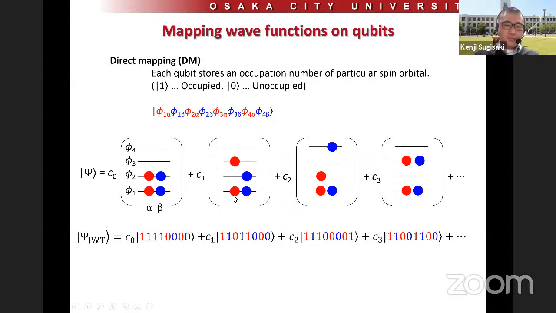So this Slater determinant can be represented as the 11011000 state, and this one corresponds to the 11100010 state, and this becomes the 11001100 state.